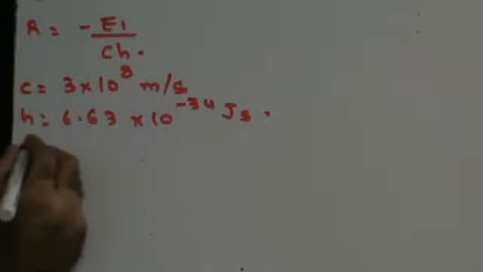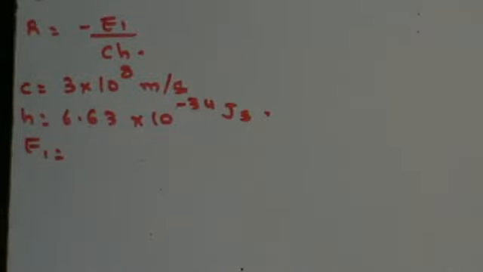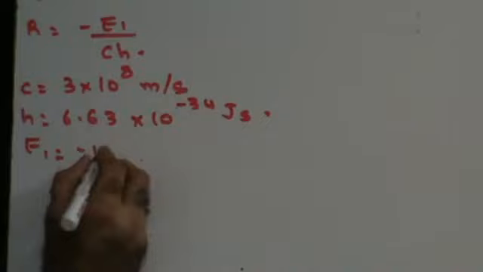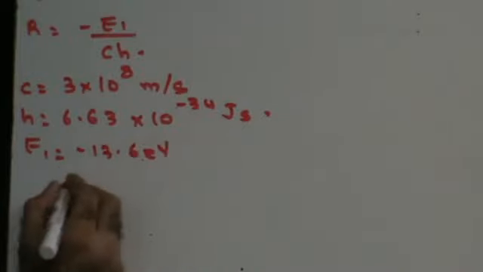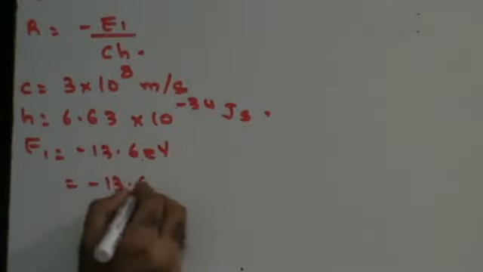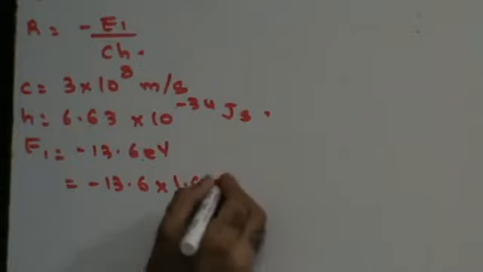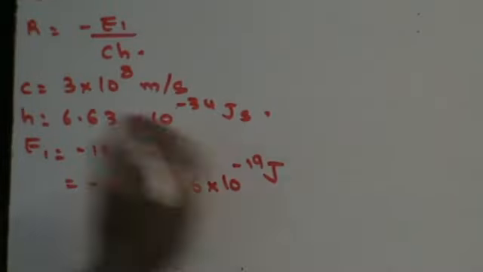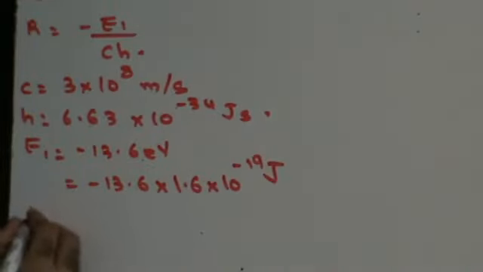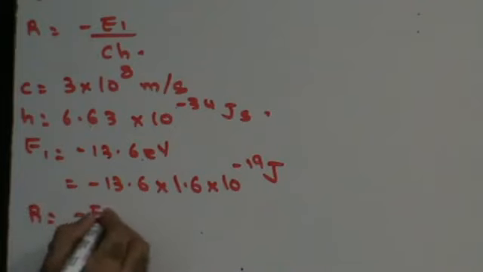E1 was given in the sum as minus 13.6 electron volts. Convert that into joules: 13.6 into 1.6 into 10 raised to minus 19 joules. That will give you Rydberg's constant, minus E1 upon ch.